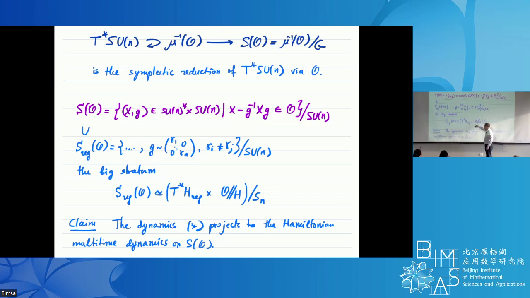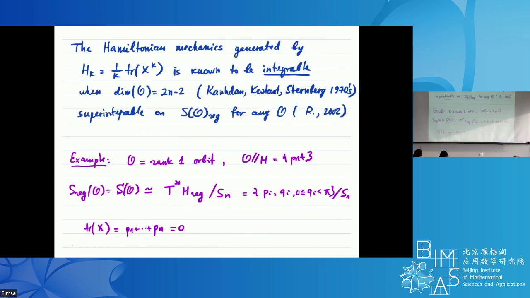You see, the dimension of this space is twice n-1. That would be great if we wouldn't have this piece. But this piece gives some extra dimensions, and we have to figure out what to do with this.